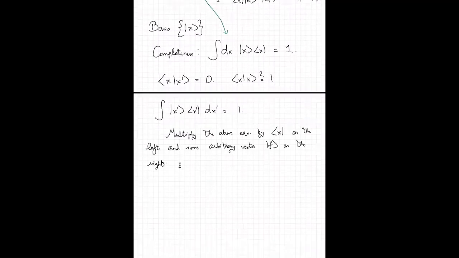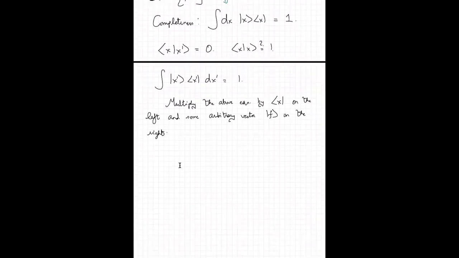Okay. Now limits are whatever they are. So I'll put some limits a to b. a can be minus infinity, b can be infinity, a can be 2 and b can be 45, depending on what the problem is. So this is a, b. If I multiply by <x| on the left, I get <x|x'>. This is the quantity I want to understand. What is the overlap of two different basis functions?